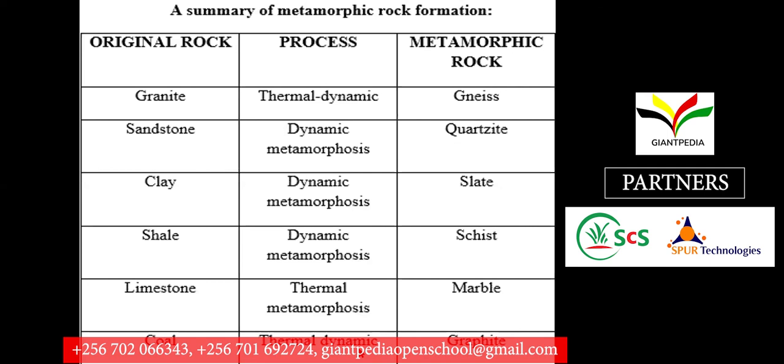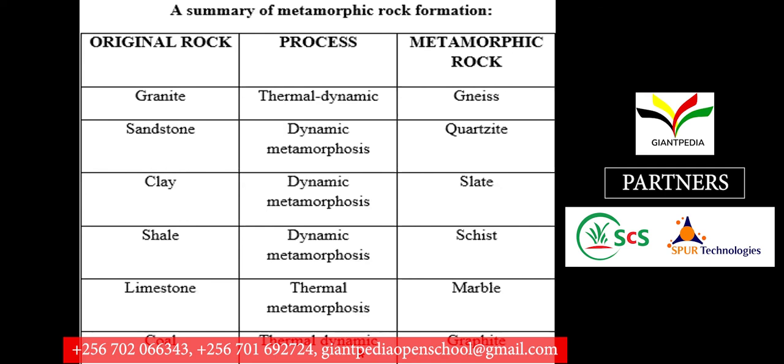The structure is usually changed. So they are changed rocks. Generally, they're physically and chemically changed rocks. Two, they may be foliated or banded, such as gneiss, phyllite, schist, and slate. Or they may also be non-foliated.